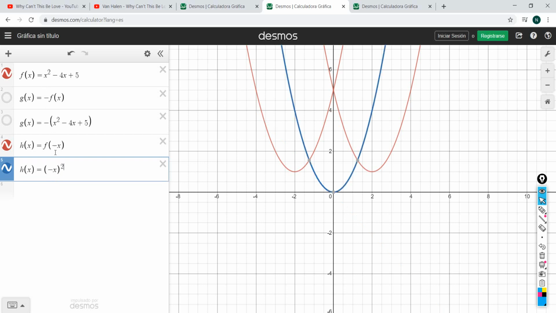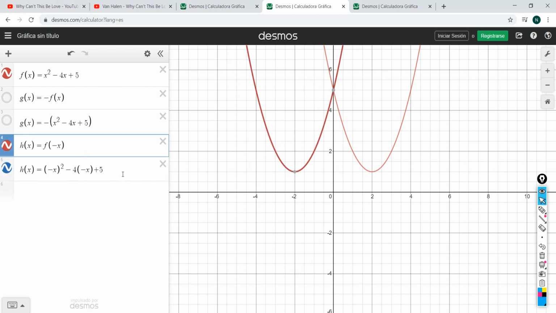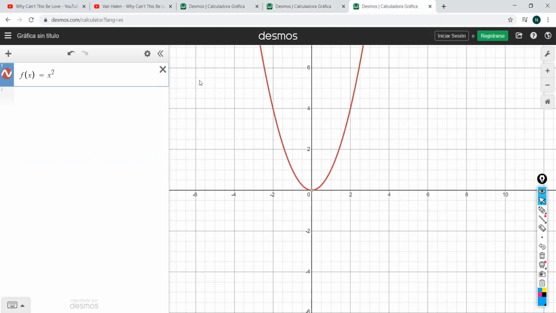That's going to be my first term, and then we have minus 4 that multiplies minus x, and then plus 5. And as you can see, we get the same reflection about the y-axis. This and this are exactly the same thing. Perfect.